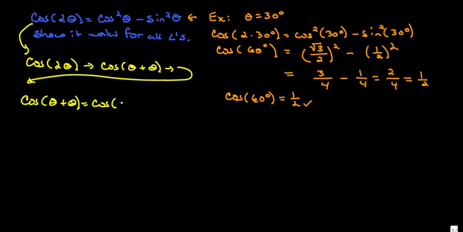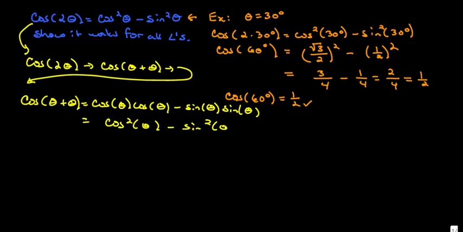So that'll be cosine theta times cosine theta. So the cosine of the first times the cosine of the second. Now it's going to be minus the sine of the first times the sine of the second. And so that's going to give us cosine squared minus sine squared theta.